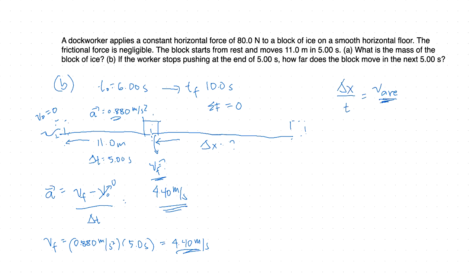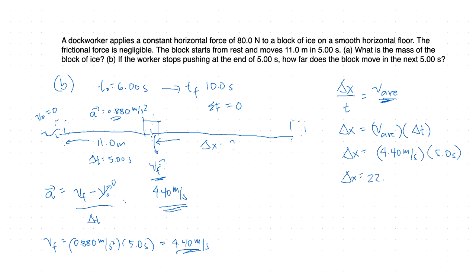So we can now find the displacement. It's equals to the average velocity times the delta t. So again, displacement niya is equals to 4.40 meters per second times 5 seconds. So the displacement is equals to 22 meters.